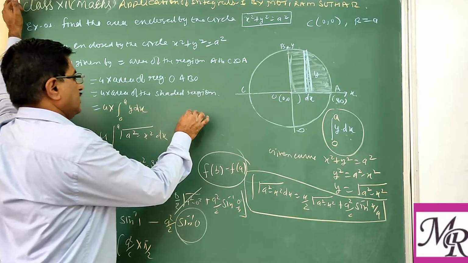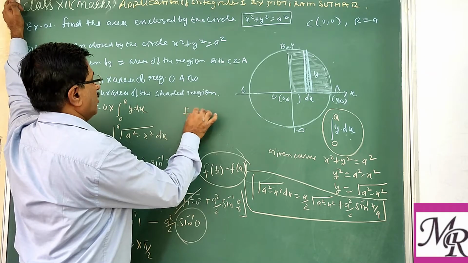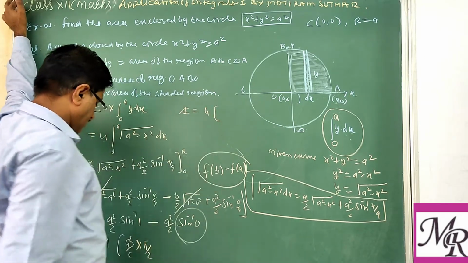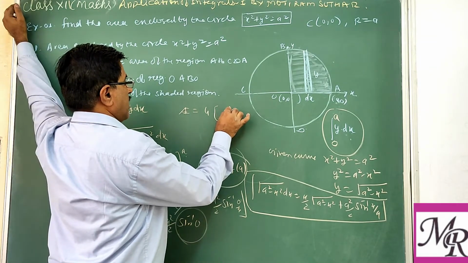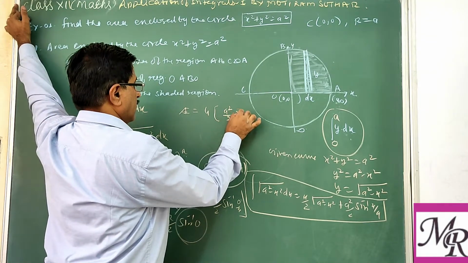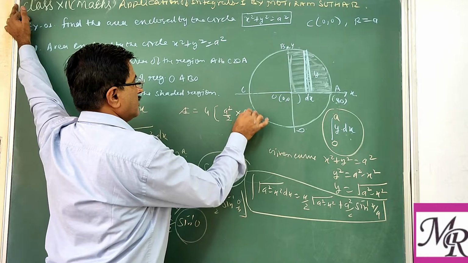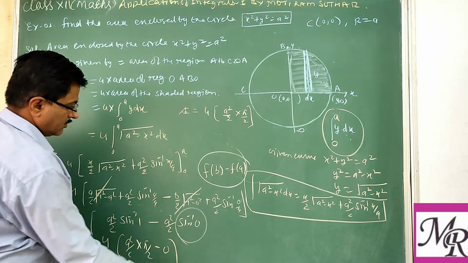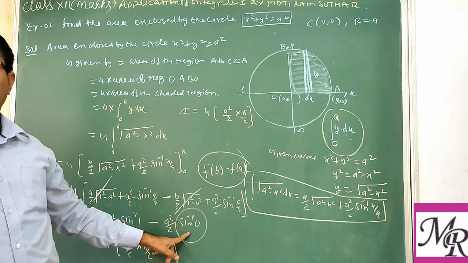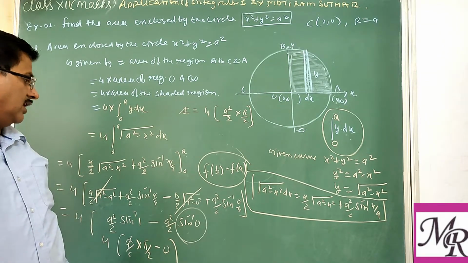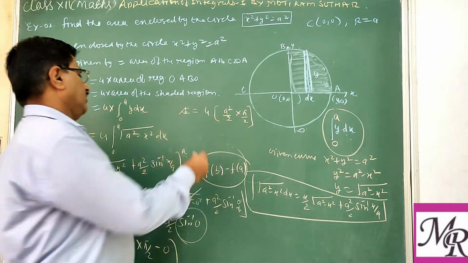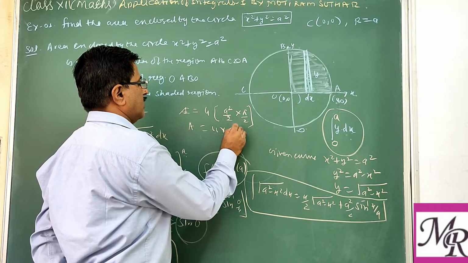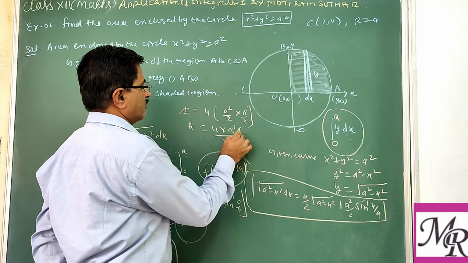So what are we getting here? Area equal to 4 into a square by 2 into pi by 2, minus a square by 2 into sin inverse 0, which is 0. So finally what we get is area equal to 4 into a square pi by 4.